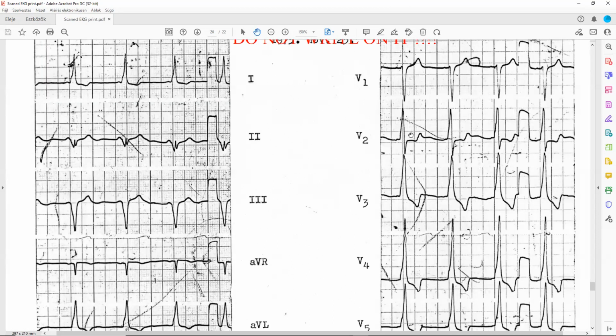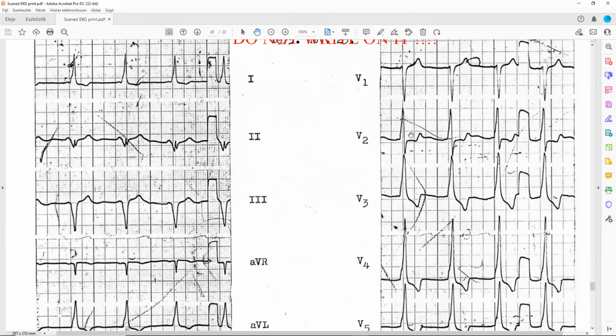Which type of WPW syndrome do we have? How can we specify the type of WPW? Whether the accessory pathway is located on the left side or the right side. We have A type and B type. How can you differentiate whether this is on the left side or the right side? Look at V1.